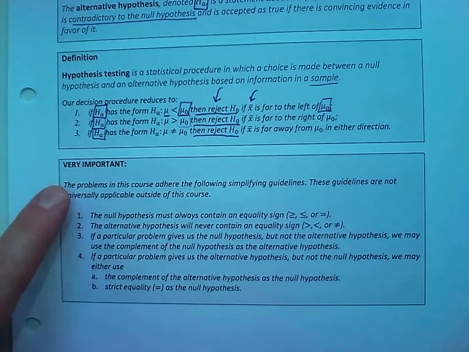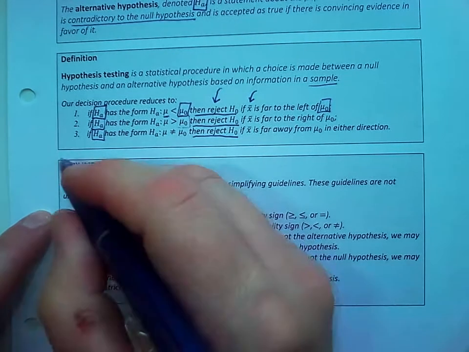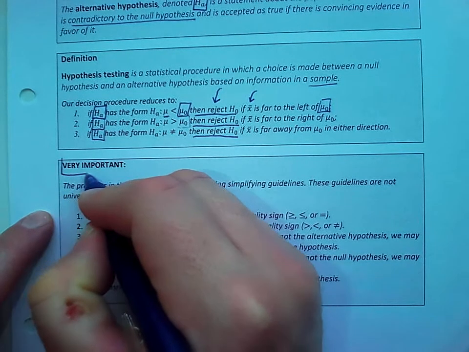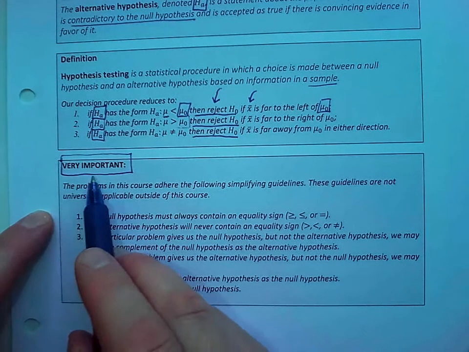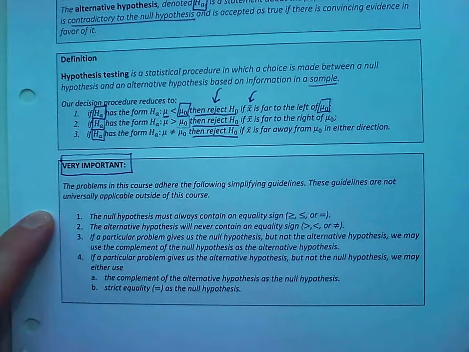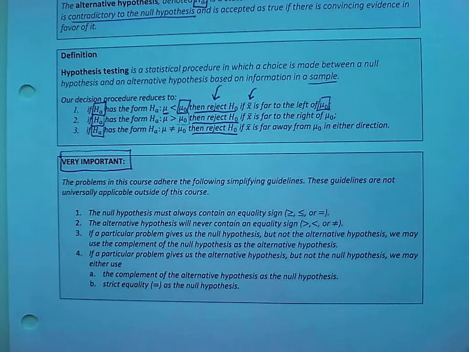And here, this is a general guide of how we're going to write the null and the alternative hypotheses. And this general guide is extremely, extremely, extremely important. Because what this is going to allow us to do is take some phrase and write it in terms of math symbols. And that's going to be our first step in applying math and stats concepts to these phrases.